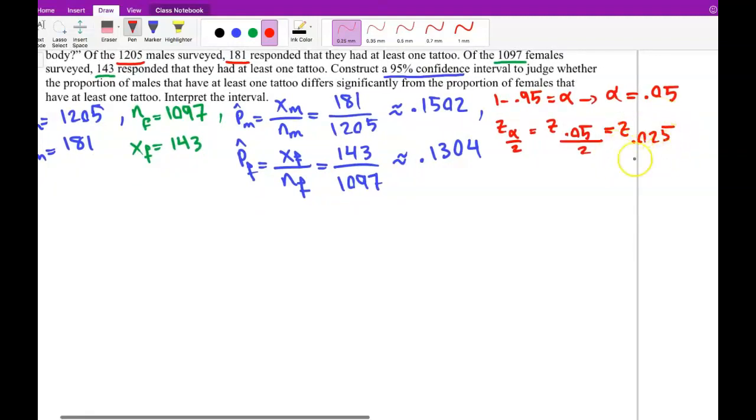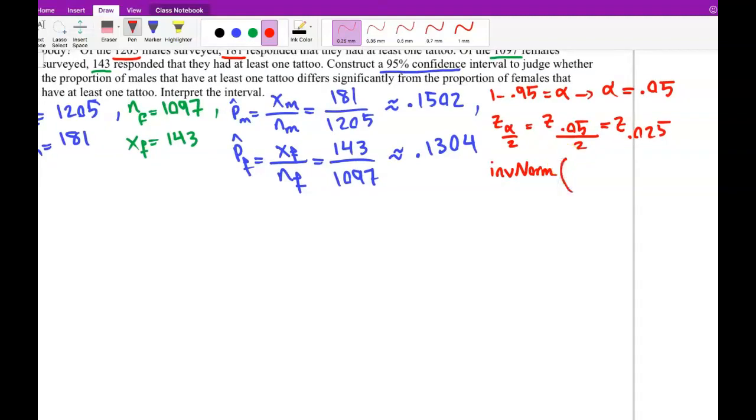Remember to find that part, this one is the right area. So using the calculator, inverse norm, and left area we have 0.975, mean 0, standard deviation 1.